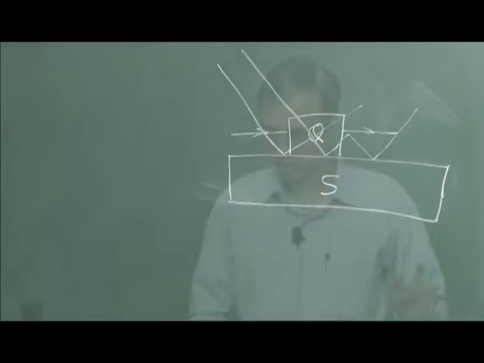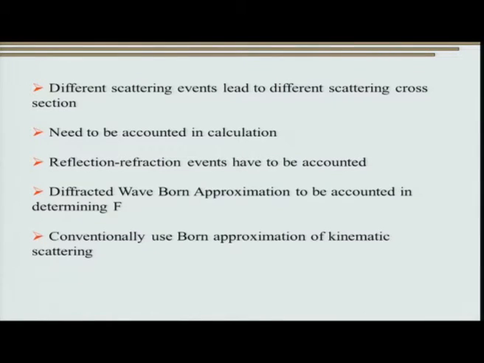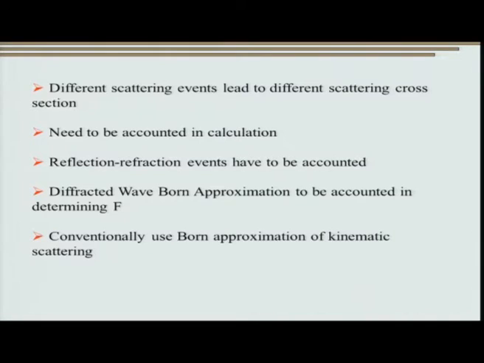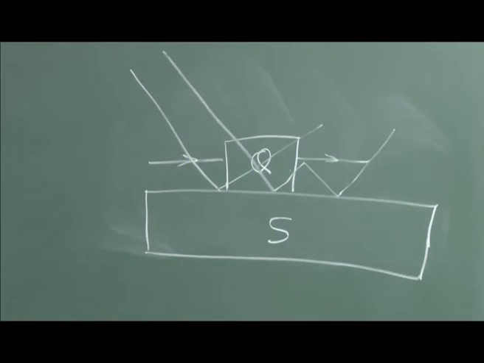Therefore, it is generally understood that this normal Born approximation of single scattering is not at all valid, and instead we do get different scattering events that lead to different scattering cross sections, and therefore there is a need to account for all this in the calculation.